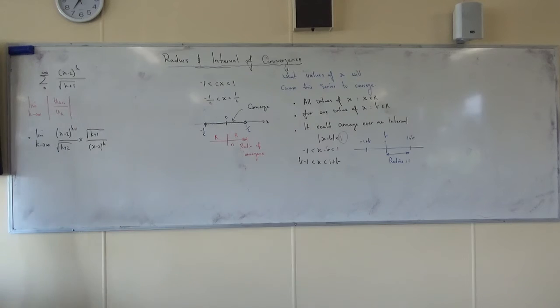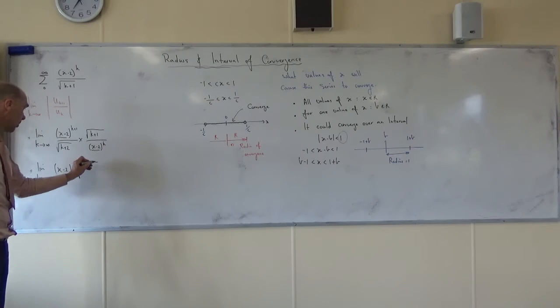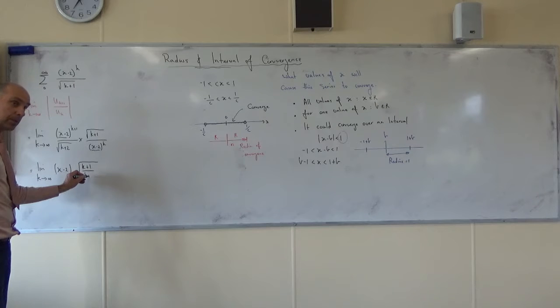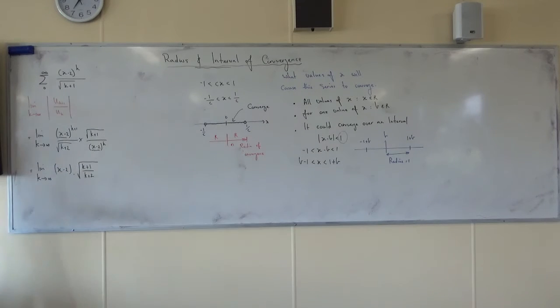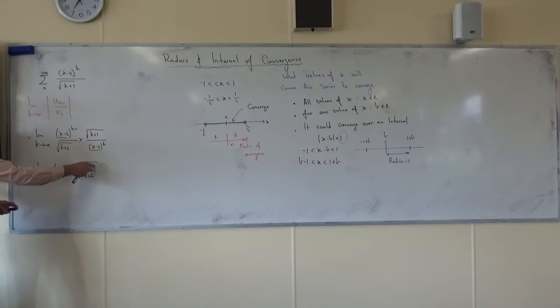So that's the easy step, isn't it? Next step, what are we going to do? Let's isolate x's and isolate k's. Of course you can see here that x minus 2 to the power of k plus 1 divided by x minus 2 to the power of k ends up with just x minus 2. Then we've got to find the limit, and I'll put this all under a square root sign, of k plus 1 divided by k plus 2. Inside this bracket, I'll divide by k.